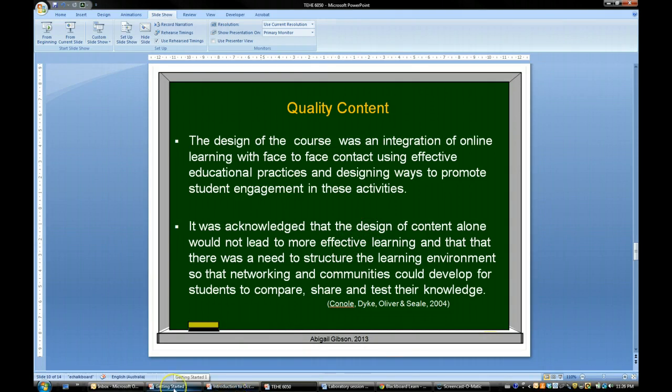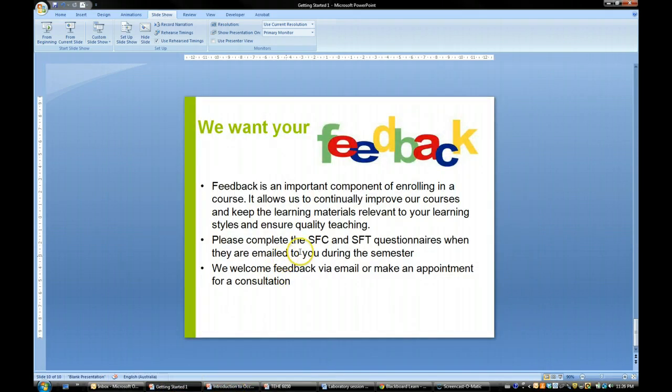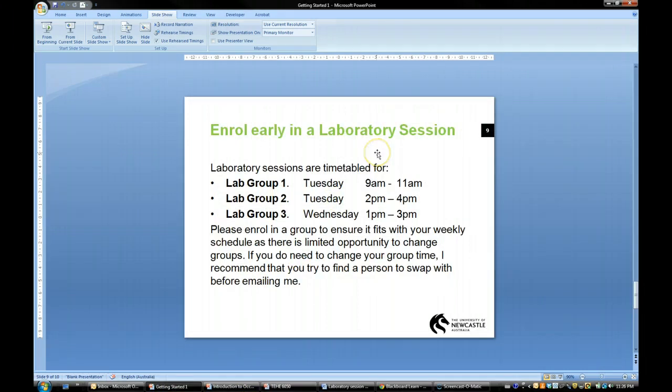The way the course is structured is that students attend the lectures and they attend lab groups. About 20 students attend each lab group, and then within those groups students are divided again into smaller groups where they can discuss and feed back to each other.